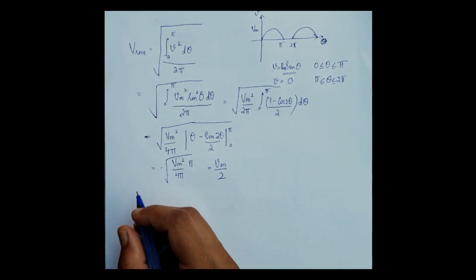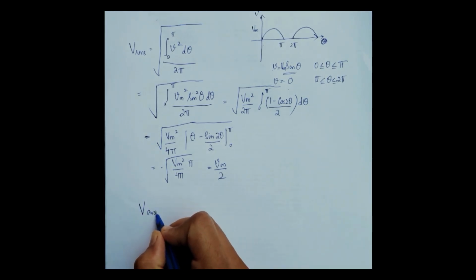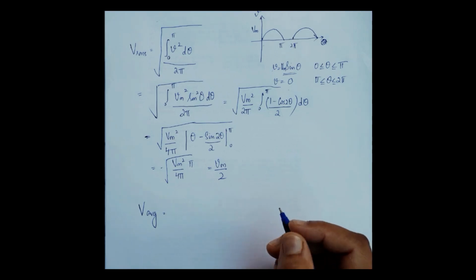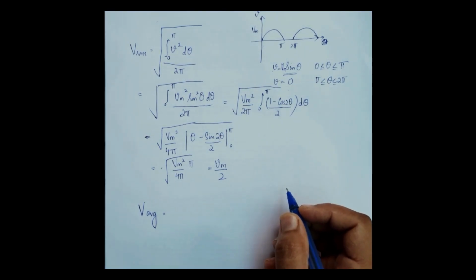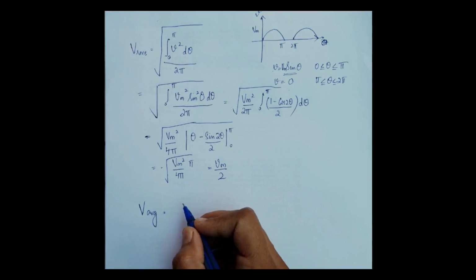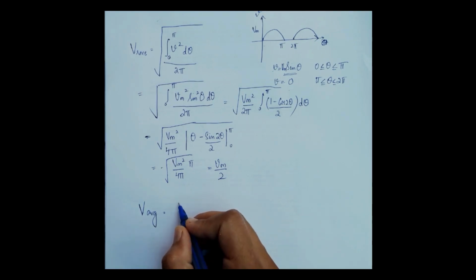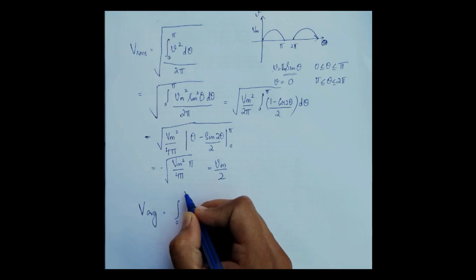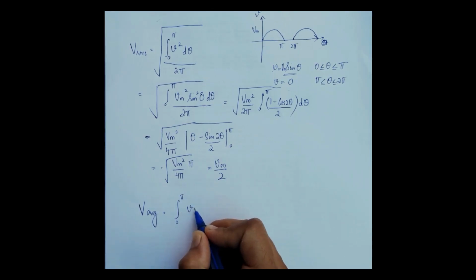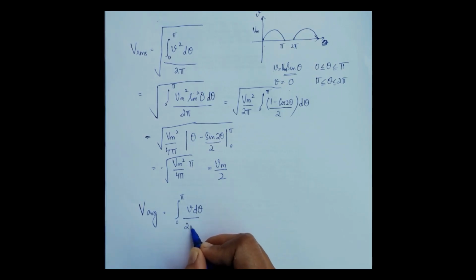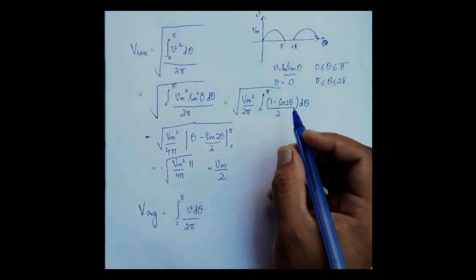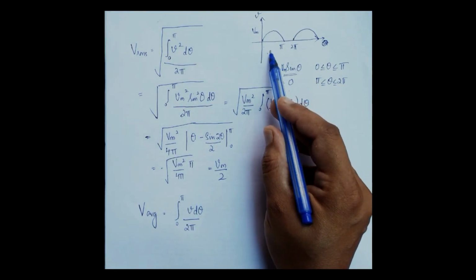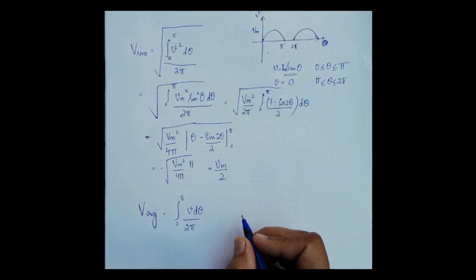Now let's find the average value of a half wave rectified sine wave. For finding the average value, since it is not a symmetric circuit, we do not have to take the half cycle alone, we have to take the full cycle. And I am not writing 0 to 2 pi because from pi to 2 pi it is anyway 0. And the time period should be 2 pi, which is different from the sine wave where we took only pi.